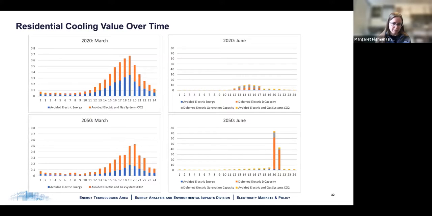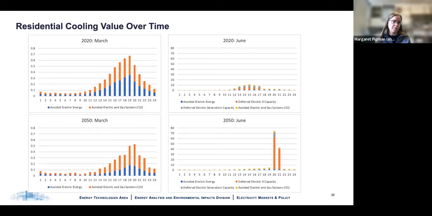And this last slide is just a more detailed example of value over time, both in terms of months in a single year and then those same months in a later year. It's similar to the example I showed earlier, with the majority of the value switching from being avoided CO2 emissions and avoided electricity consumption to deferred capacity costs, depending on if it's a peak day or a non-peak day.